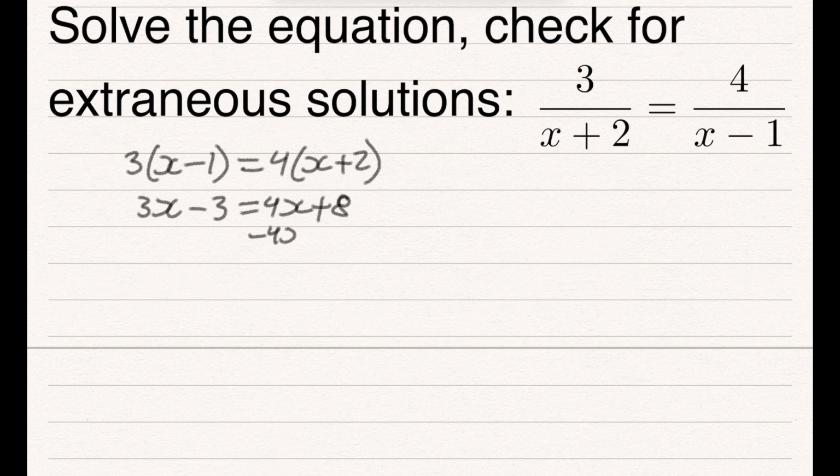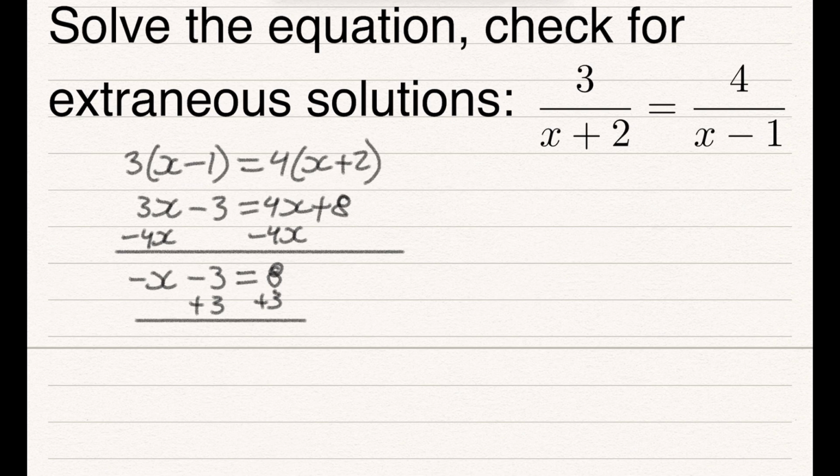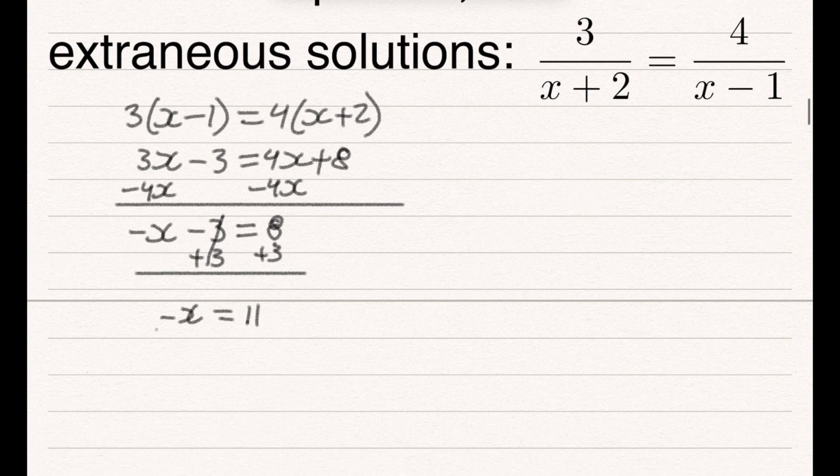Move the x's to one side, and we get negative x minus 3 is equal to 8. Add 3 to both sides. These cancel out. We get negative x is equal to positive 11. The last step is get rid of that negative by dividing by negative 1. So x is equal to negative 11.